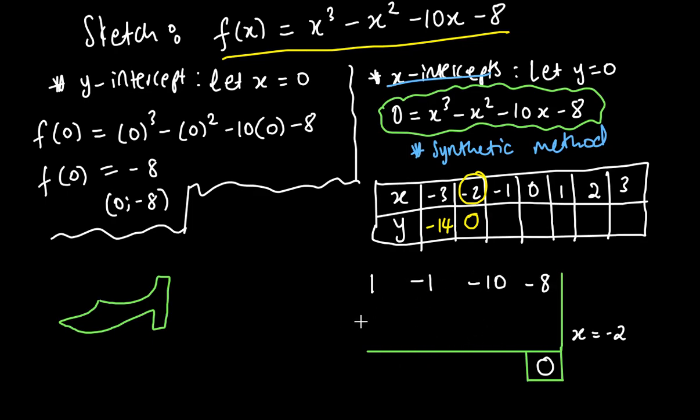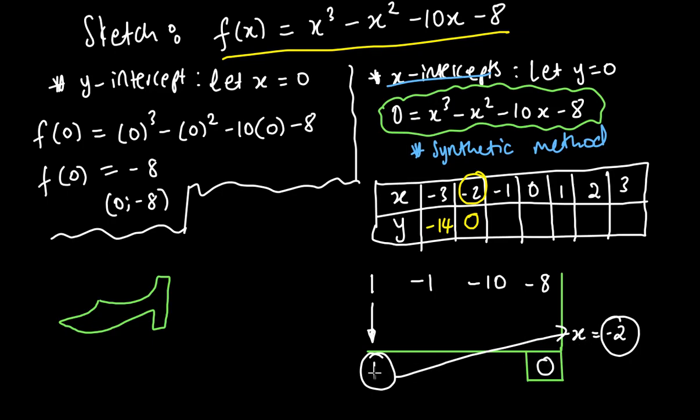After you are done doing that, good people, this one you drop it down all the time. The first one you drop it down, then you write the answer here. 1, you drop it down as it is. Then please listen to this procedure, good people. You're gonna say, what is 1 multiplied by -2?